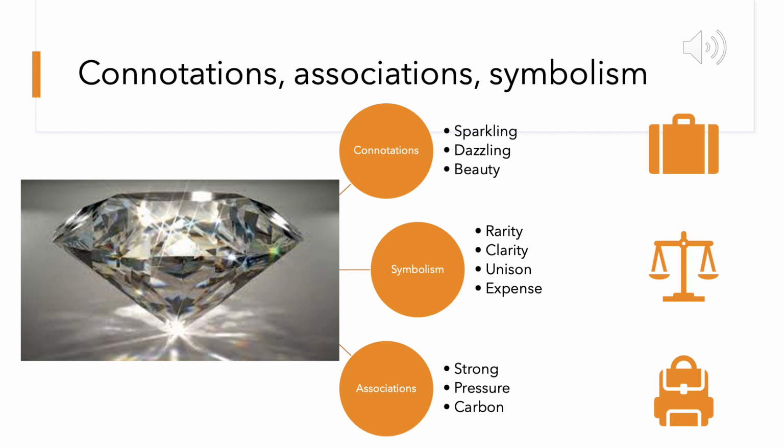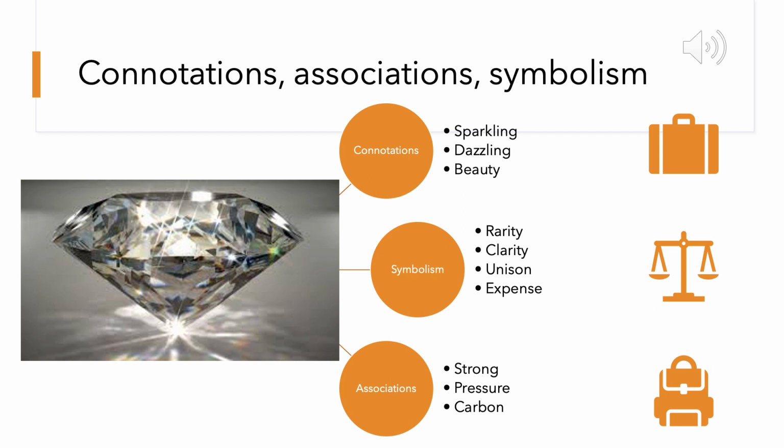To me, I think of something sparkling, dazzling. I think of beauty. Symbolism. I think of a diamond as symbolising something rare. So rarity and clarity. Clarity meaning something that's clear. And I know both of these things because from personal experience in my own engagement ring, diamonds are measured according to their clarity and their colour.